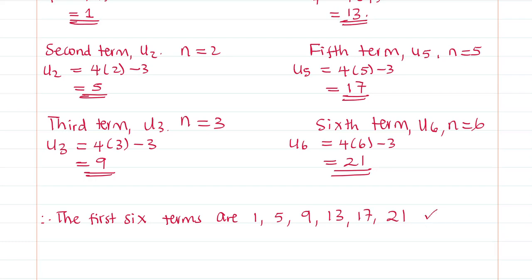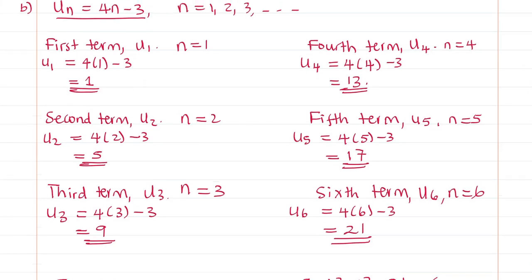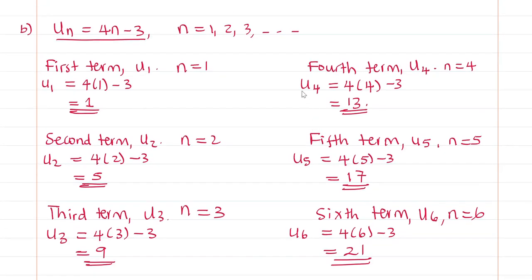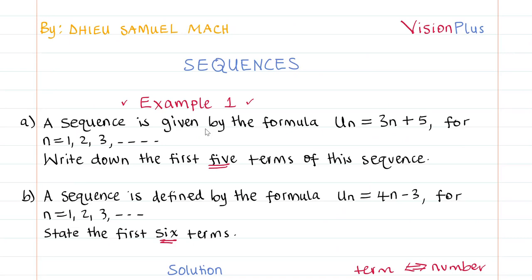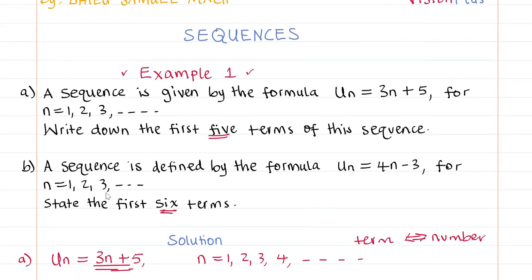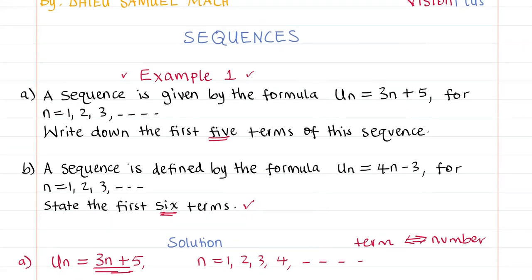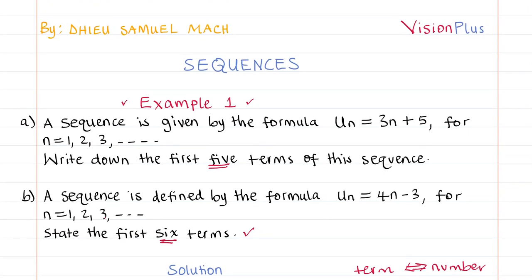These are our first 6 terms of the sequence that we were given in example 1, part B, which is here. And therefore, this is the solution to example 1 of the sequences.